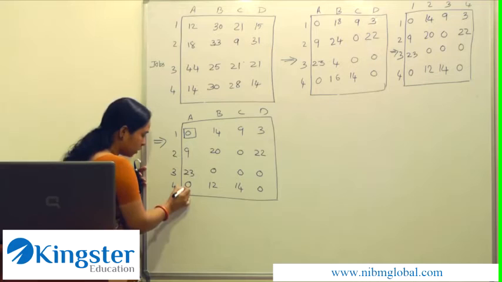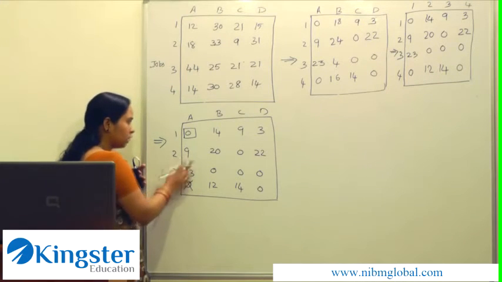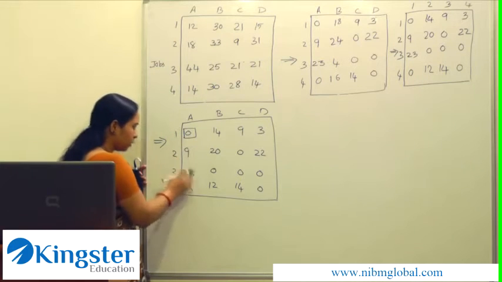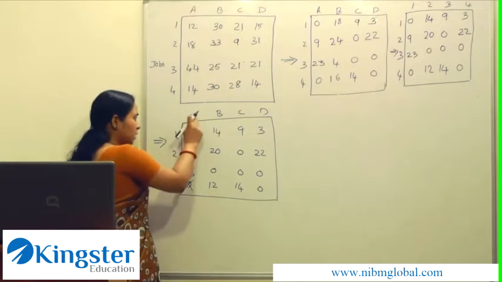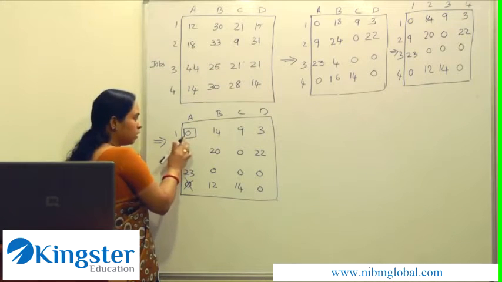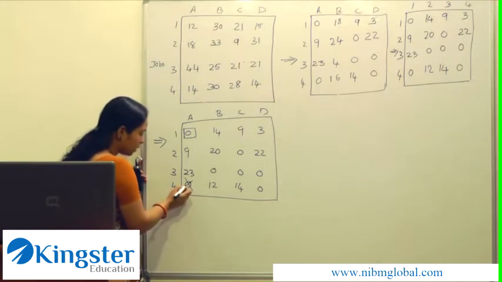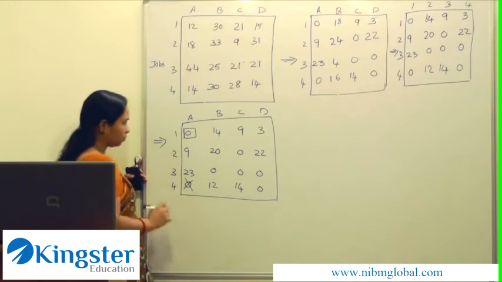Here we have a 0, so it must be crossed out. That means job 1 is assigned to person A and is not going to be assigned to anybody else. So in order to avoid that assignment, we cross out this 0.